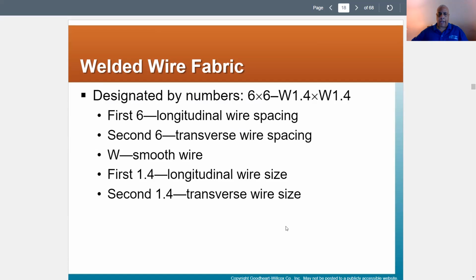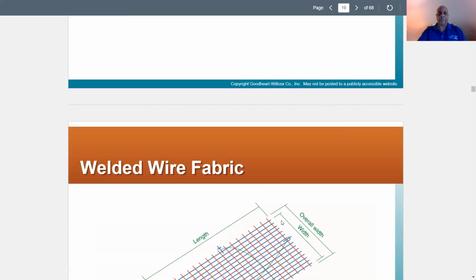Transverse is crosswise. Now, when I talk about the W again, that means your wire is smooth, and your first 1.4 indicates your longitudinal wire size, and your second 1.4 indicates your transverse wire size. So that means you have wire spacing 6, transverse spacing 6. It's smooth wire, and it's longitudinal 1.4 by transverse size, which is 1.4.